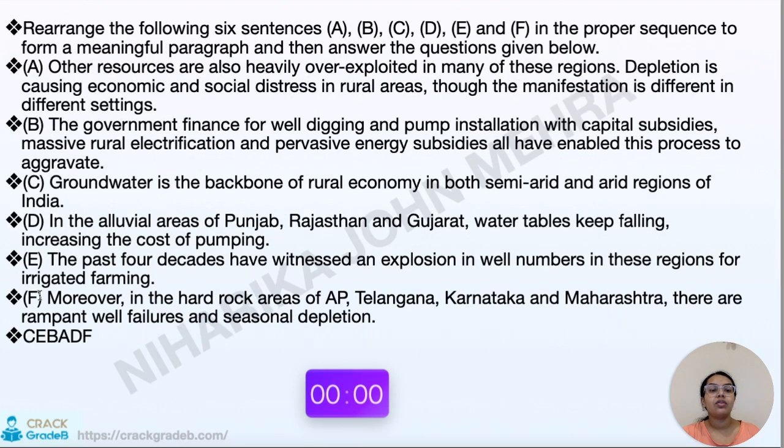Here, what do we get? Answer is C, A, D, F. Other resources are also, not just other but also, the word indicates A cannot be the first one.